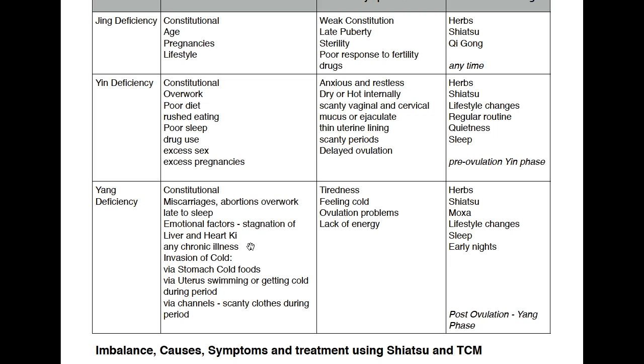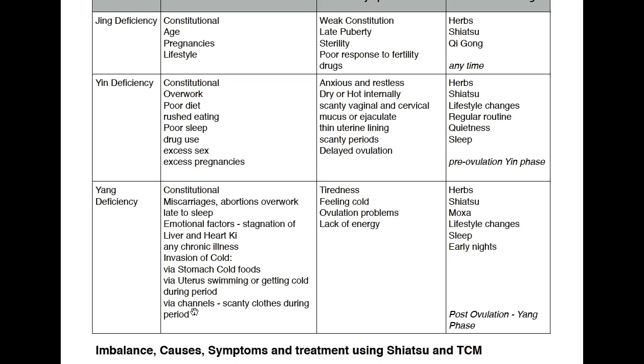Now this is a particularly interesting one here, and that is yang deficiency can sometimes be related to invasion of cold, and in Chinese medicine there's a whole category of infertility related to cold in the uterus, and that's usually caused by cold foods coming into the stomach, or by swimming or getting cold during the period. So if you've got a client who's yang deficient, you should recommend that they don't get cold or go swimming during the period time.